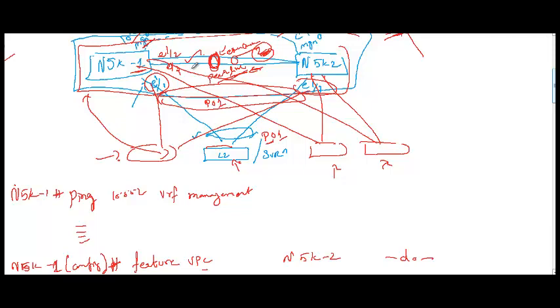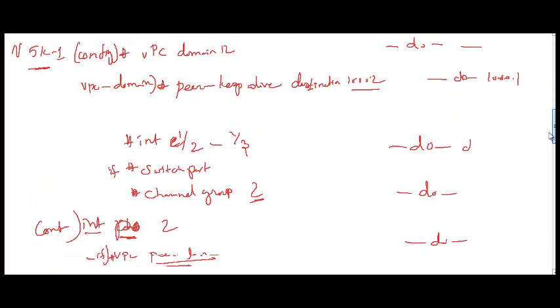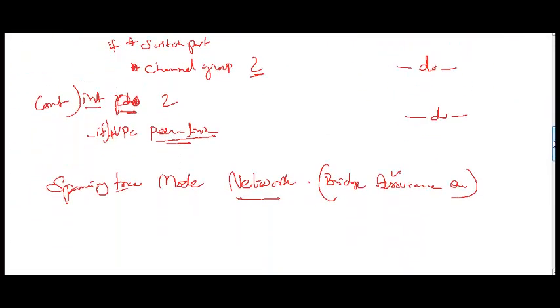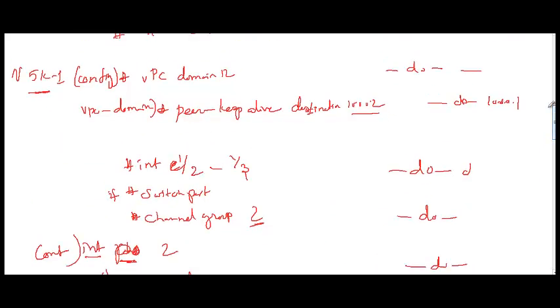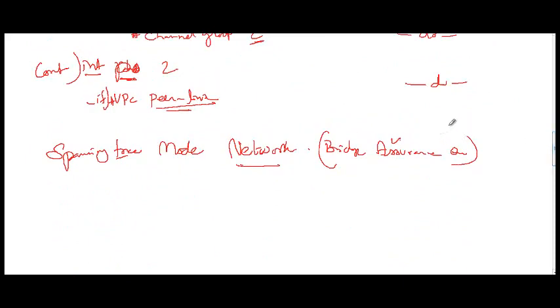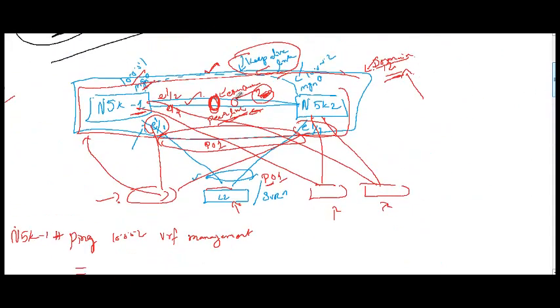To avoid that, bridge assurance will put the interface in an inconsistent state, for which a log will be generated and sent to the administrator, and the administrator can come and deal with the problem. So bridge assurance gets enabled, and this will be useful only when we have multiple ether channels, so that there is some STP work going on there.